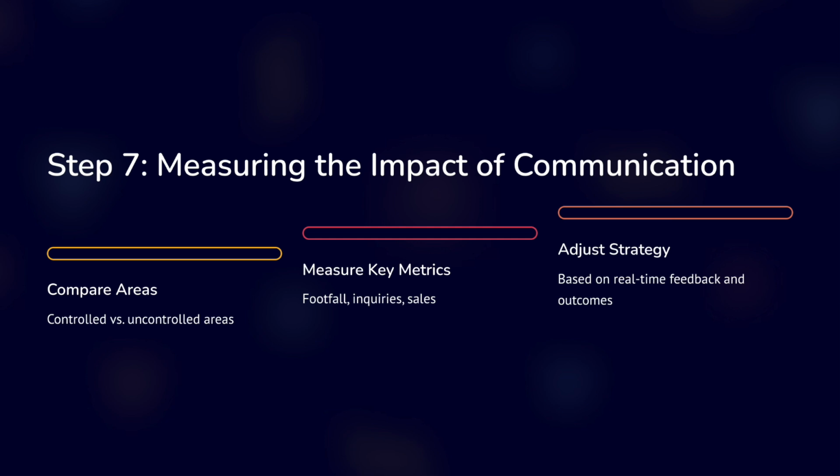This comparative study helps determine the effectiveness of rural non-conventional communication media by measuring the influence on key metrics. These metrics can include the overall footfall at retail outlets or at Haat and Mela stalls, the number of inquiries generated, and ultimately the sales proceeds during a certain time frame. This data-driven approach is vital for refining future strategies.